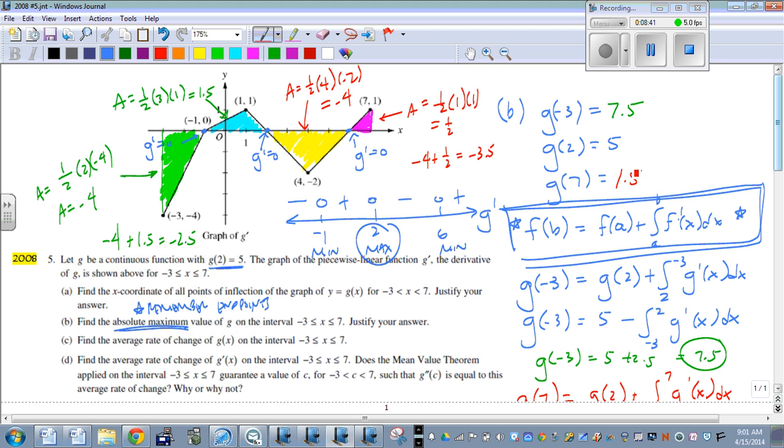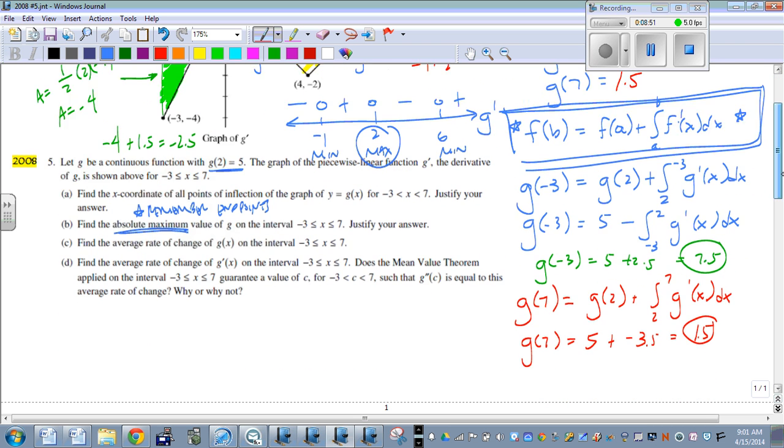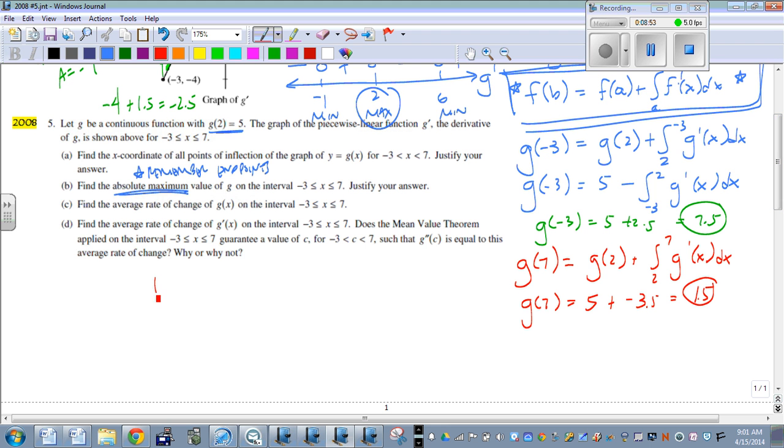So here are our 3 points, our endpoints and our local maximum. So obviously our maximum, the highest point, is going to be 7.5. So for part B, the absolute maximum we should specify of g is at negative 3, 7.5.